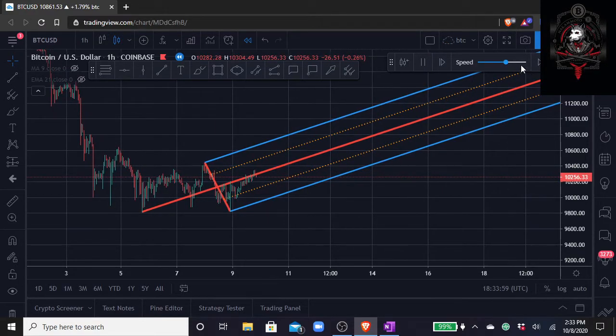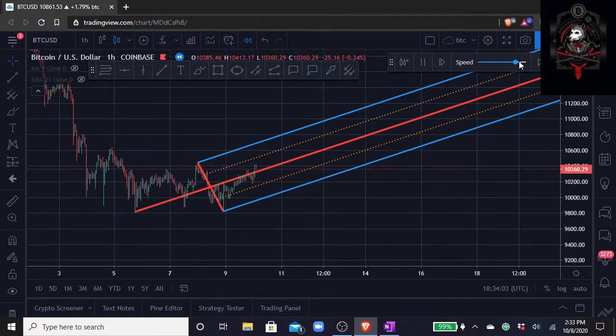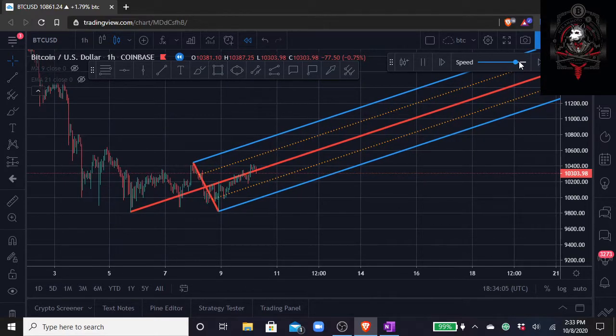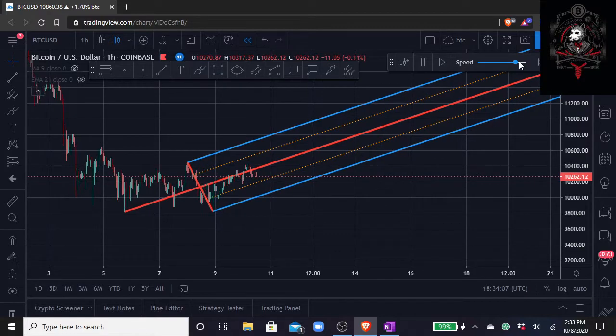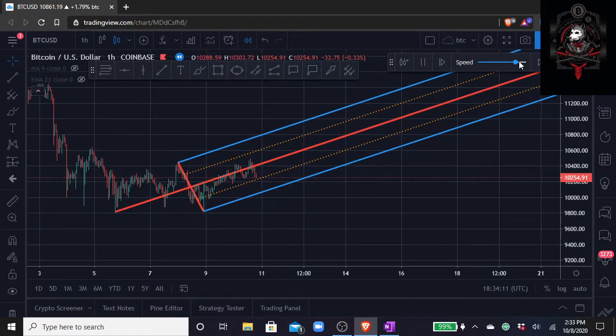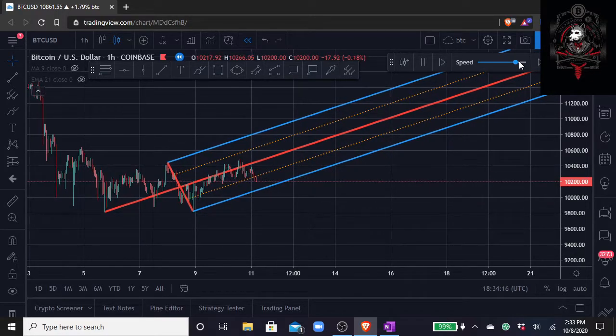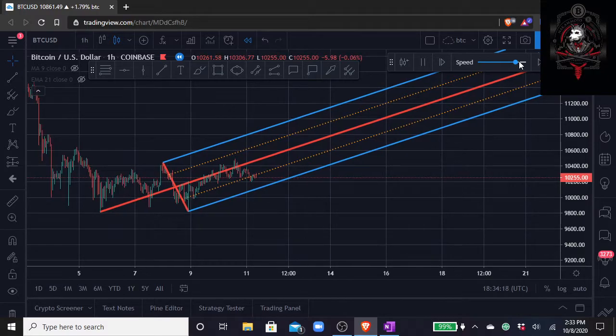Speed up the candles here for you a little bit, guys, sorry. And you see how it respects those middle lines and then the lower and the upper median line.